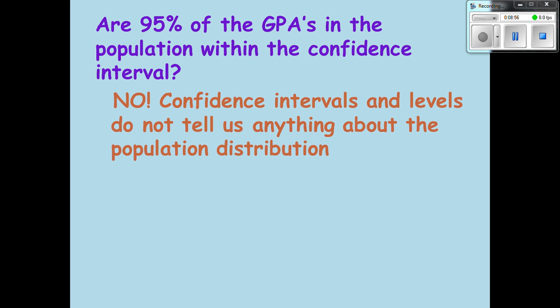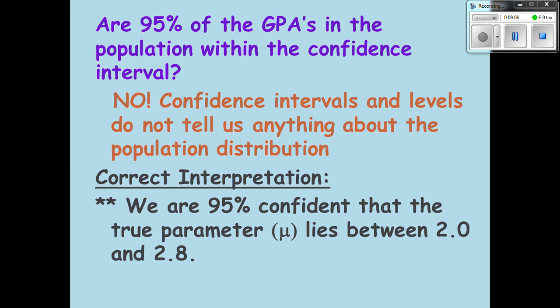That's a common misconception. Confidence intervals and levels don't tell us anything about the population. What it does tell us is this: we are 95% confident that the true parameter, which in this case is mu, the GPA of the whole school, lies between 2.0 and 2.8.